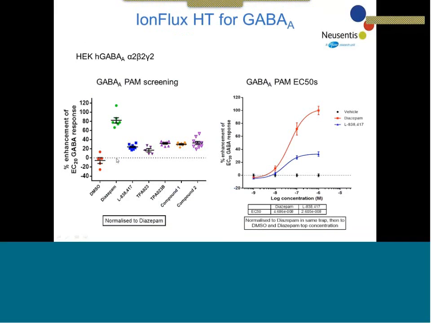On the left-hand side, I've shown the data that is generated from the single concentration protocol. So we're looking at DMSO, diazepam, LA38, and a couple of other known positive allosteric modulators.